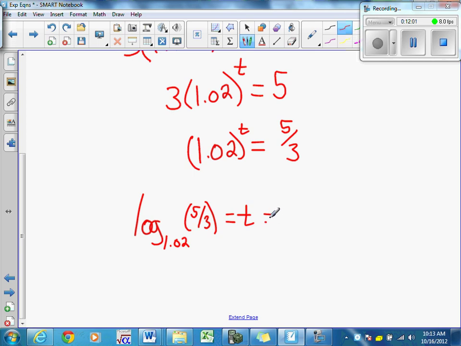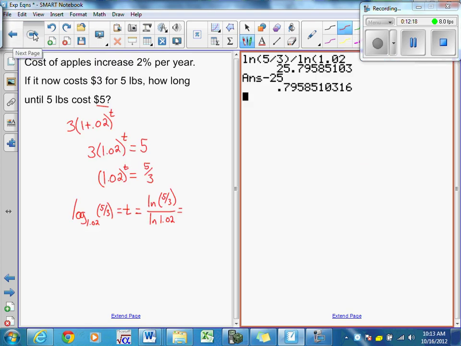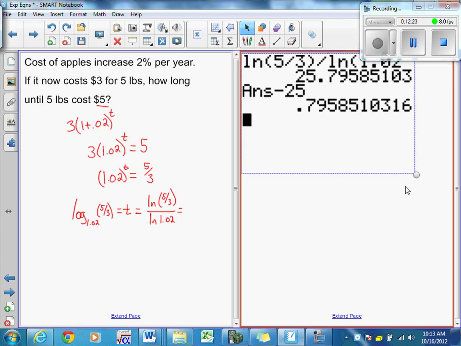Change of base formula, that is natural log of 5/3, divide by natural log of 1.02. Now, what is that in terms of a decimal? We could put that in the calculator.